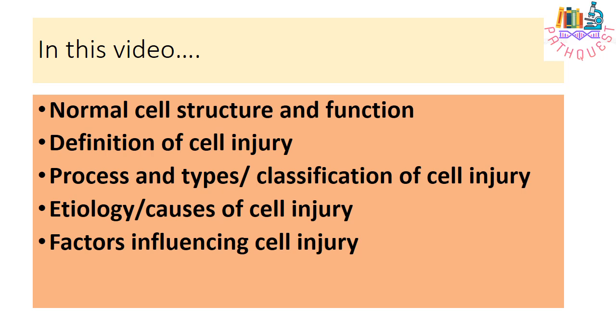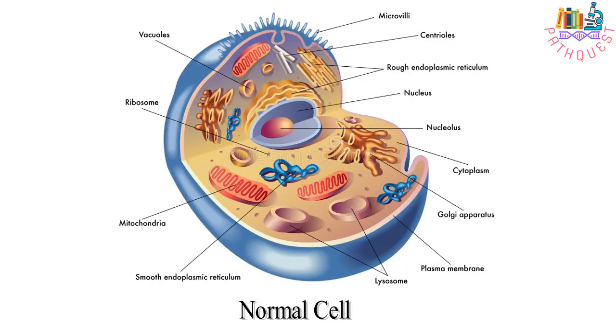To understand cell injury, we must first understand the structure and function of the human cell. So in this 3D picture, we can see there are two parts in the cell. One is the outer part, which is made up of cytoplasmic membrane with microvilli, and the inner part.